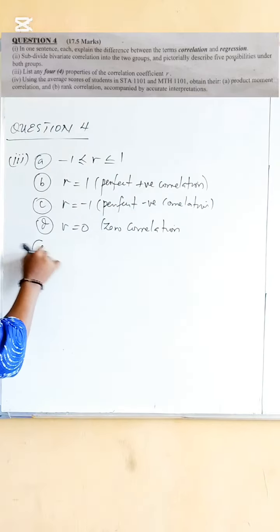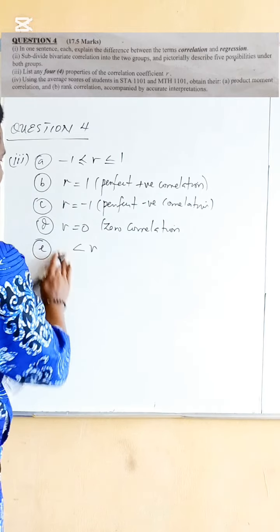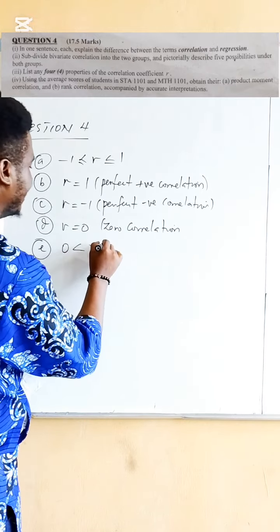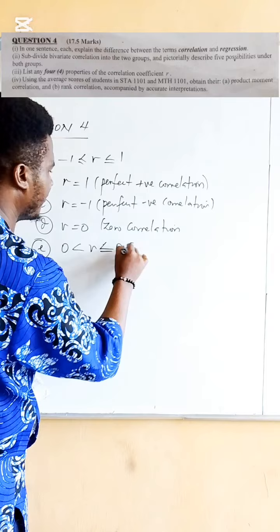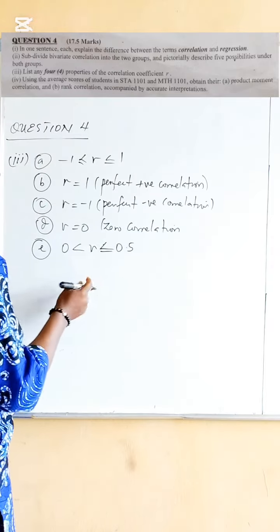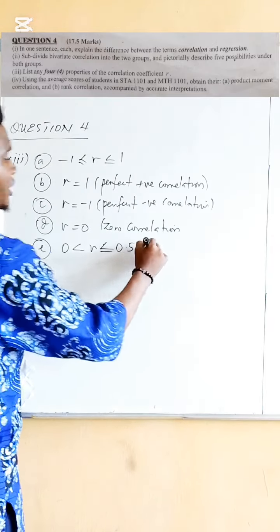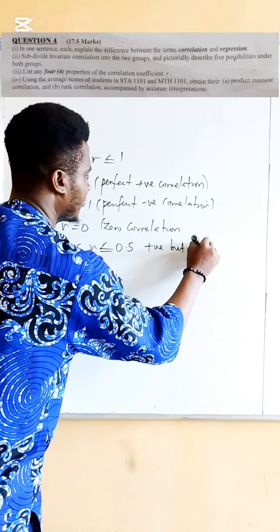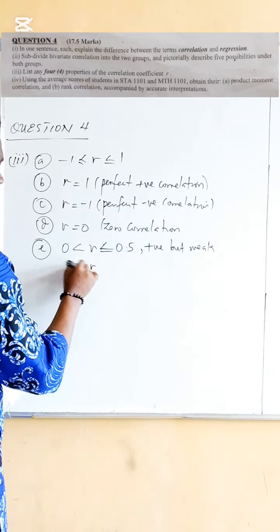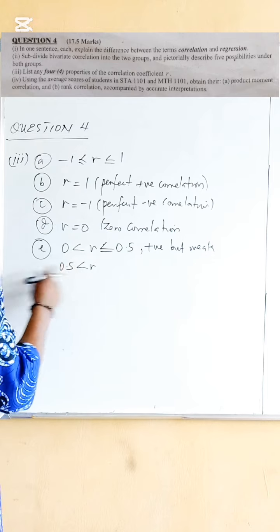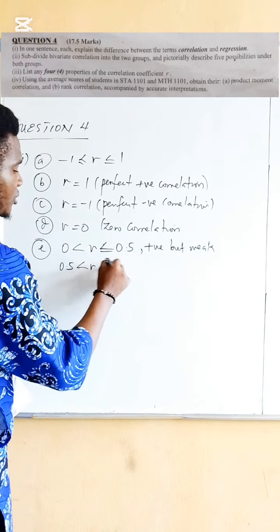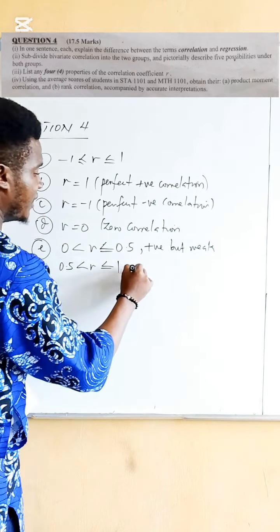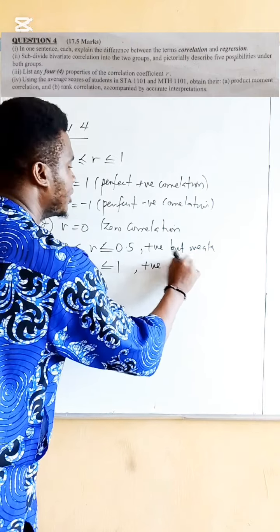E, where R lies between 0 and 0.5, in which case we say the correlation is positive but weak. F, if R lies between 0.5 exclusive and 1 inclusive, then we say it is positive and strong.